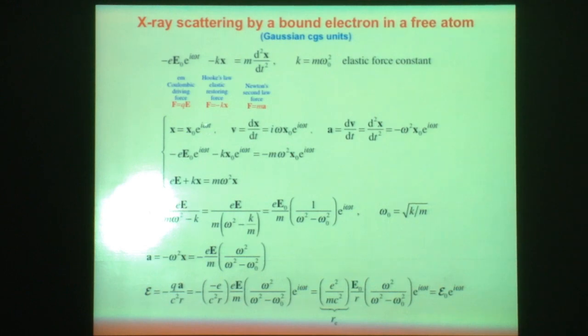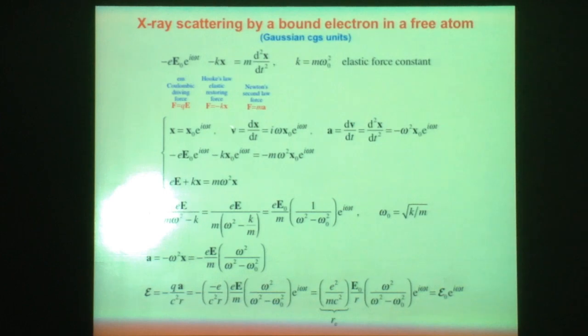Then we get x naught e to the i omega t again, because no matter how many times you differentiate these exponential functions, you keep getting them back. But now we have to differentiate what's in the exponent itself, not the exponential function, but its exponent itself. So we get this factor i omega, then multiplies the displacement function.